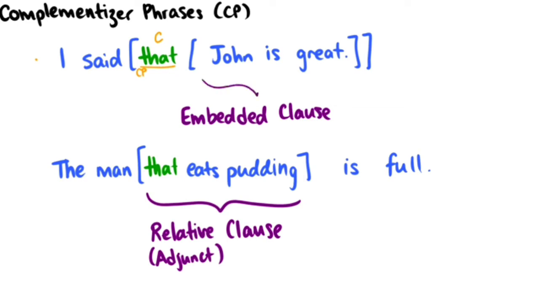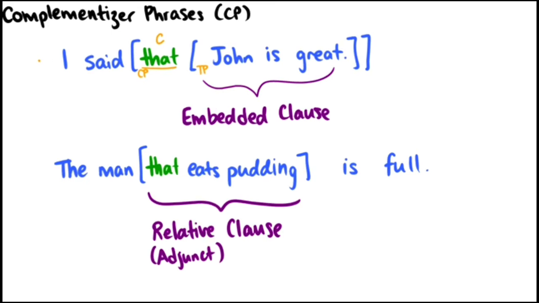We can think of this as just another tense phrase, or another sentence within our sentence. So, I said that John is great. Well, "John is great" is a sentence on its own, but in "I said that John is great," this is just a TP inside of a CP, which is inside of a bigger TP.